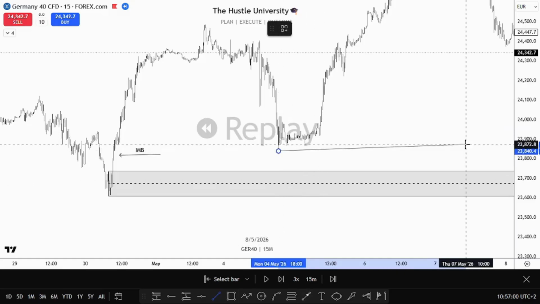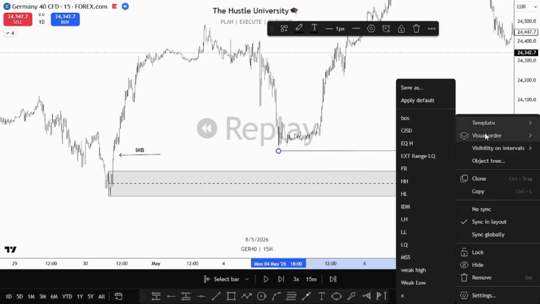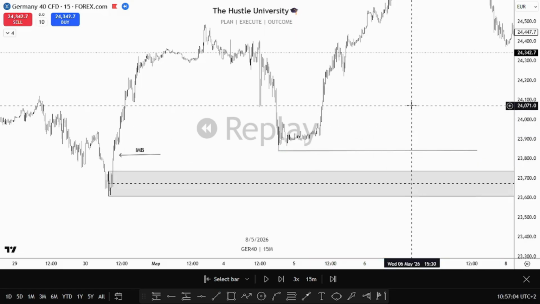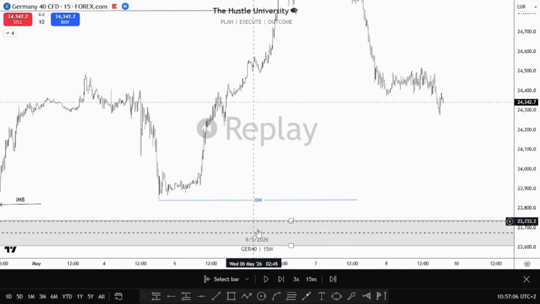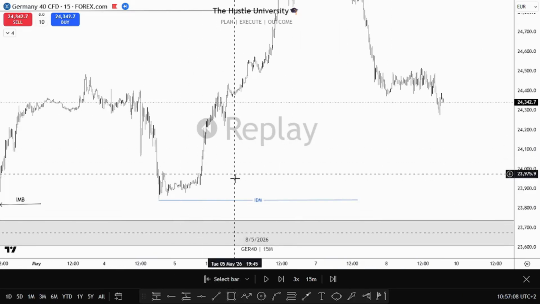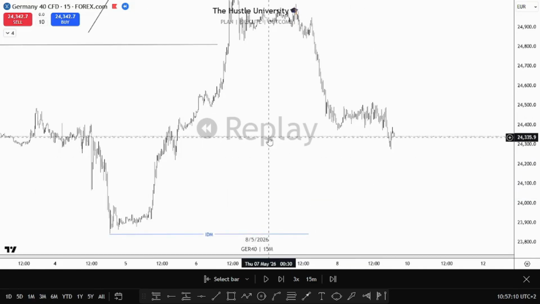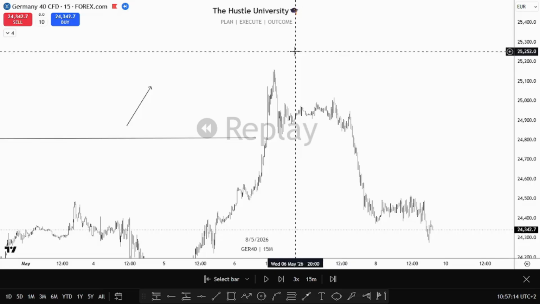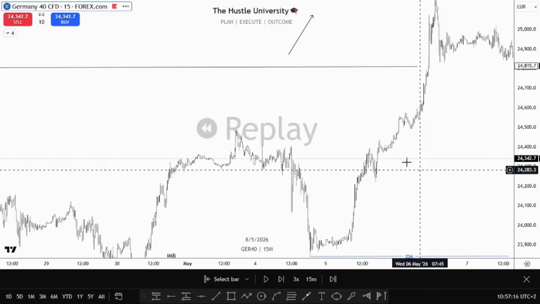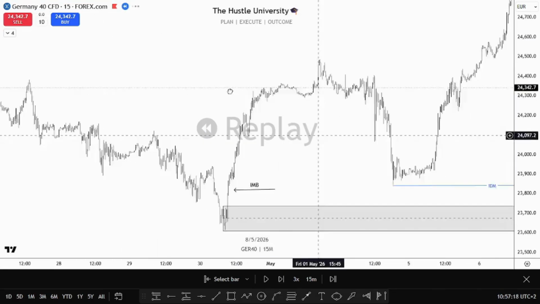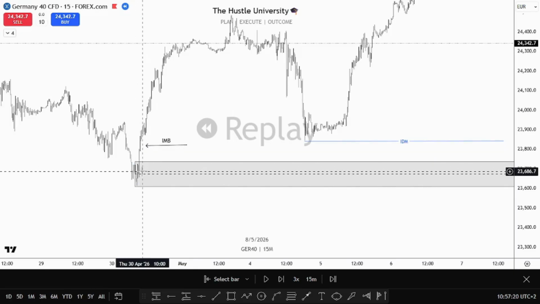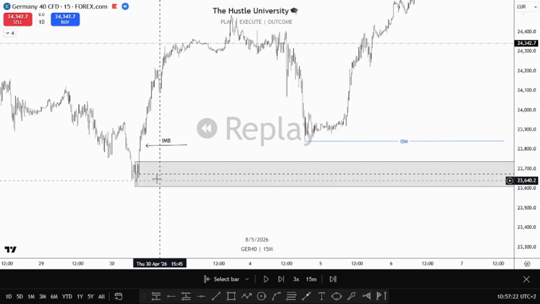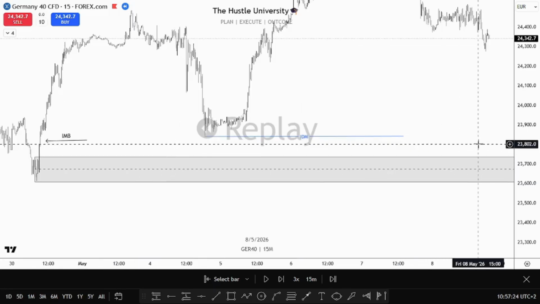And from the inducement, where we expect buyers to be coming in looking for buys from this area, we ended up seeing price eventually creating that indication on the 4-hour, right? And eventually breaking structure to the upside. So we see this at the extreme, this level of demand that we have down there.